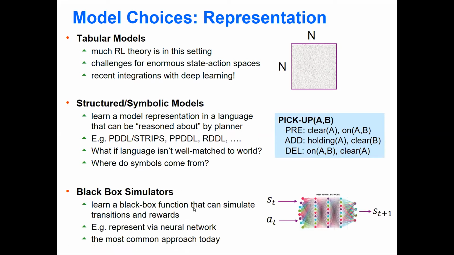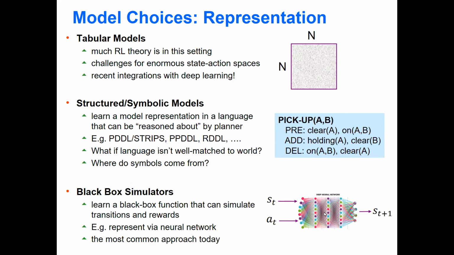The other type of model, which is maybe the most popular and common these days in model-based reinforcement learning, is I'm going to call it a black box simulator. It's just something like a neural network that takes in the state, the current observation, and an action, and outputs the next state or observation. And this is very common today because it very much corresponds to just doing this supervised learning problem that I talked about earlier.